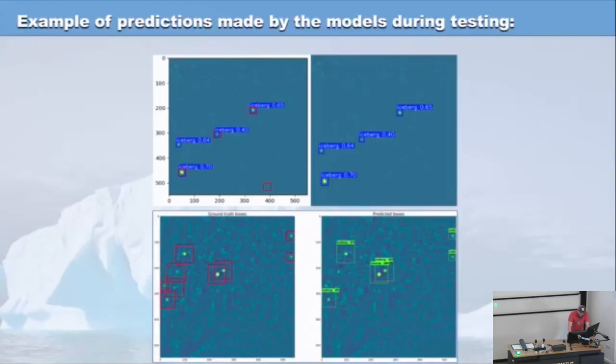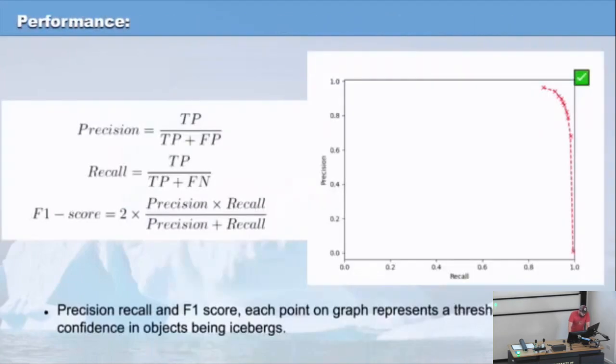They had some similar results too. The blue squares and the red squares show the ground truth and the actual predictions of the bounding boxes. We then need to quantify that performance with evaluation metrics such as precision, recall and the F1 score, very common in all machine learning and deep learning applications.